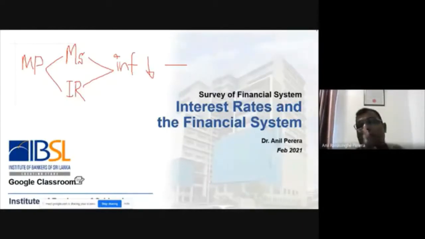So monetary policy has two components, money and interest rate. Money we have already covered in a detailed manner. Interest rates also we have some understanding, but in this part we will look at different definitions and different approaches to understand the interest rate.